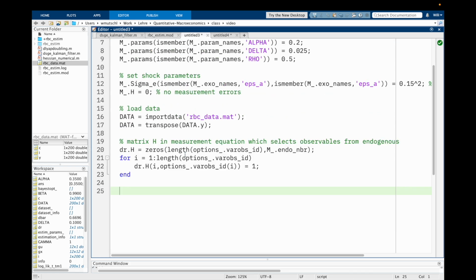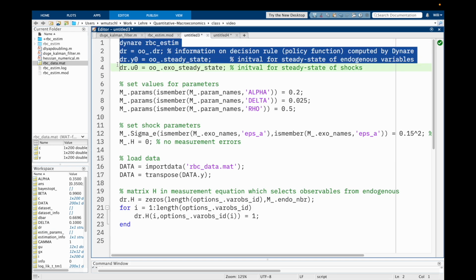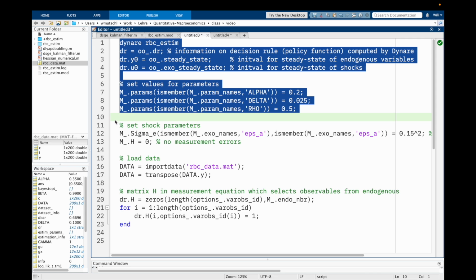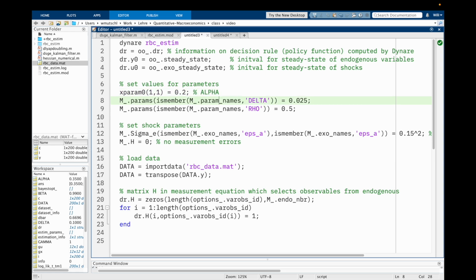So I have this run script where I run the mod file, I preprocess it, I get initial values. Maybe I'm going to change values. So let me put this over here into something that I'm going to call xparam0. The first parameter I want to change will correspond to alpha.